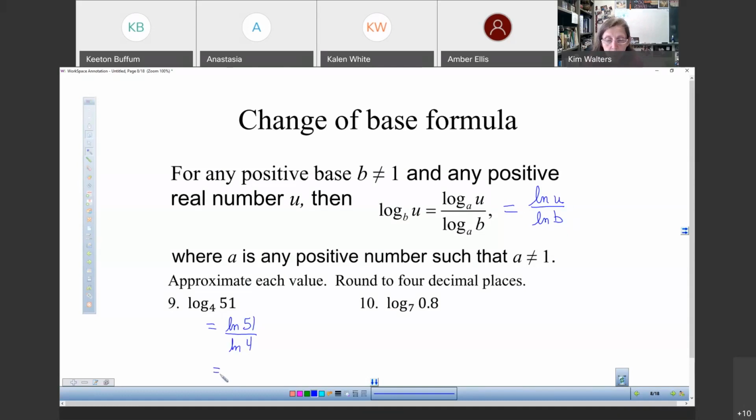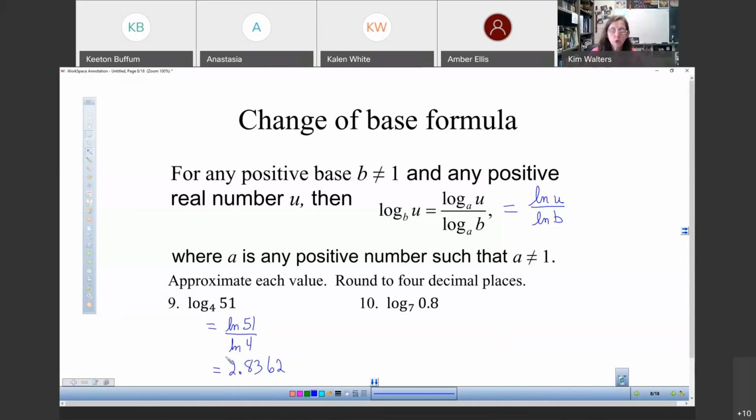So in your calculator, that is ln of 51, divided by ln of 4. And it says round to 4 decimal places, so 2.8362, which is somewhere between 2 and 3. So that makes sense.